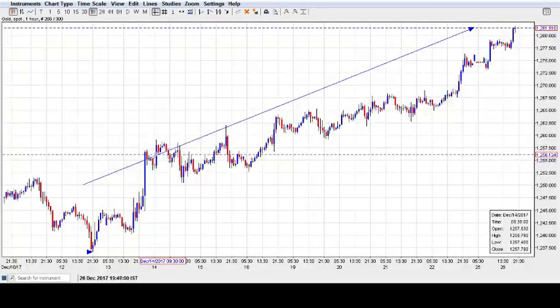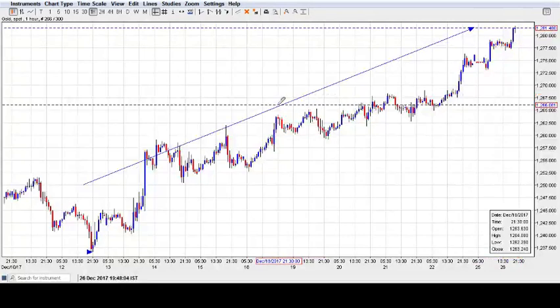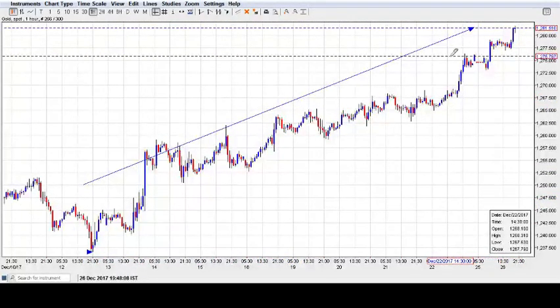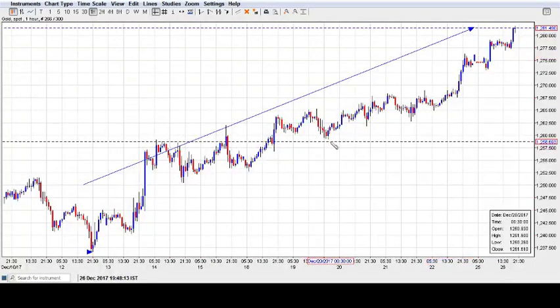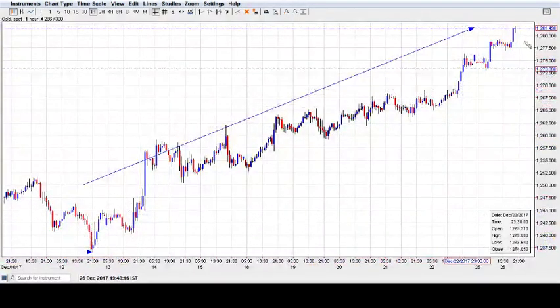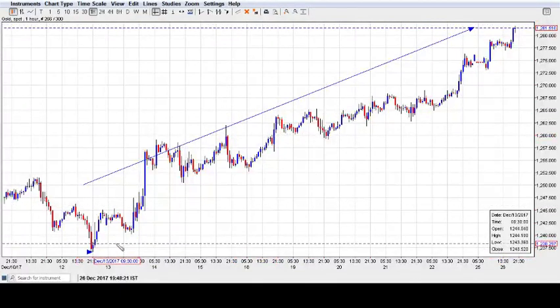Just please remember one thing: whenever you see a rising kind of market, now this may not actually be a rising market, this may just be a retracement. You will come to know after a while. But for now, a simple understanding is that this is a rising market from the left bottom to the right top. It has risen. So whenever you see a rising market, this is what you need to do precisely.